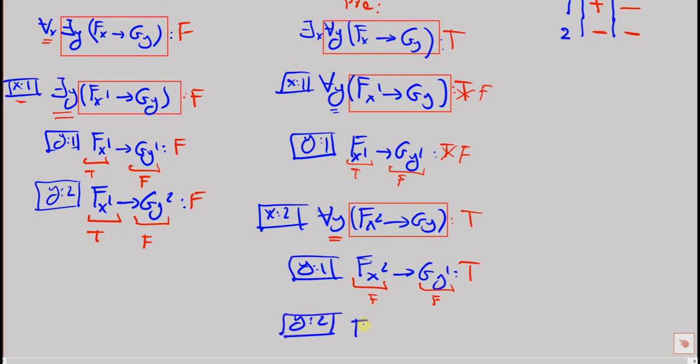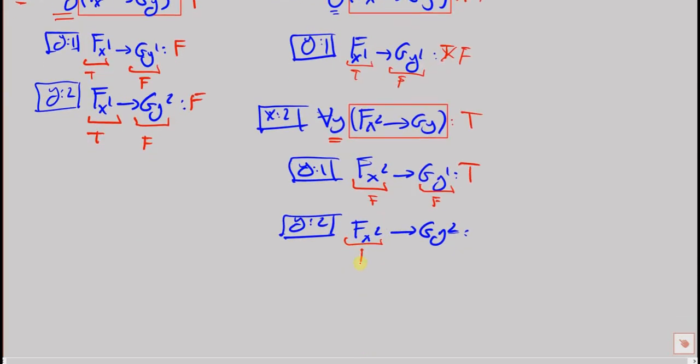So what we get is fx2 arrow gy2. Again, since fx2 is false, that is enough to make the whole conditional here true. Okay, so the universal is true for every value of y, and that is enough to make it true.